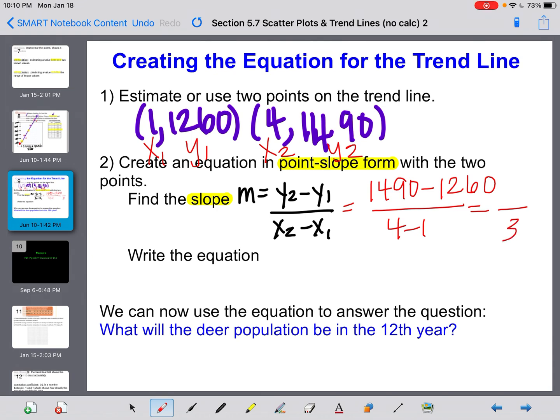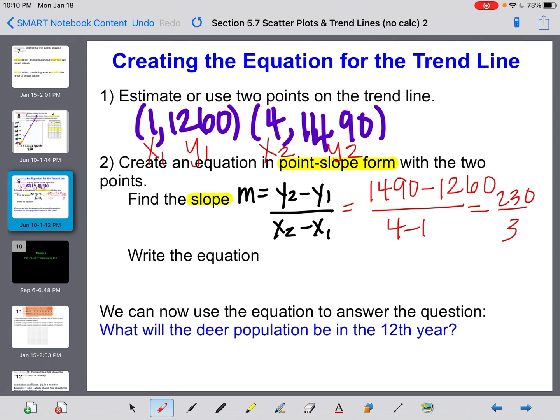Okay, so when I do 1,490 minus 1,260, I get a 230. And I could simplify that, but it's not going to give me anything super nice, so I'm just going to leave it.